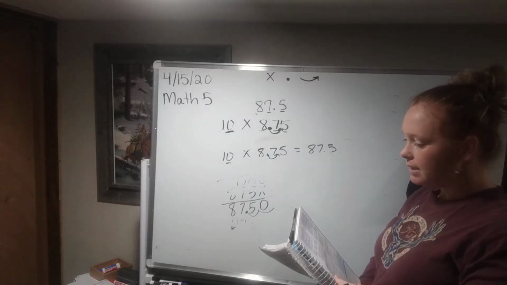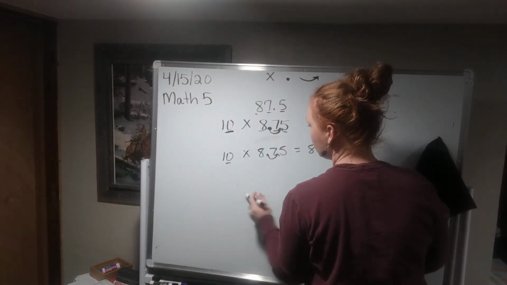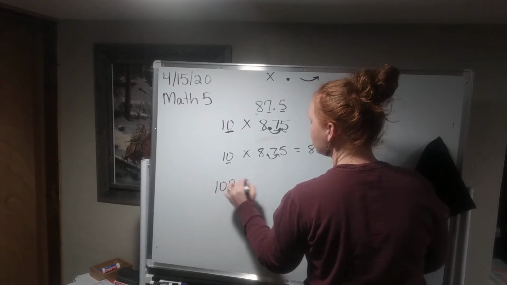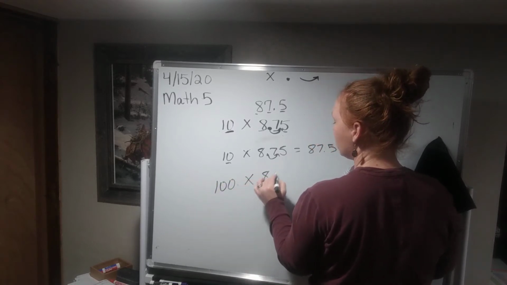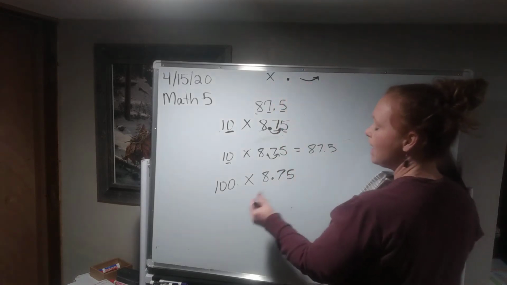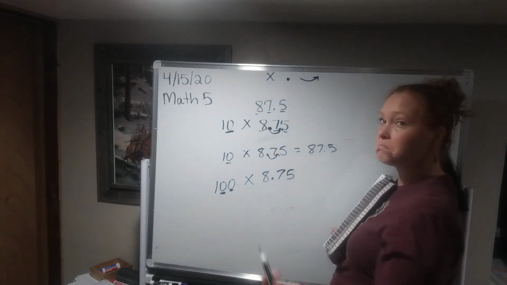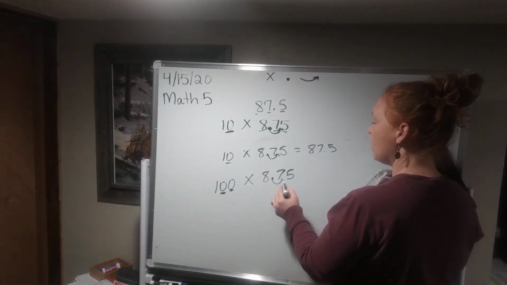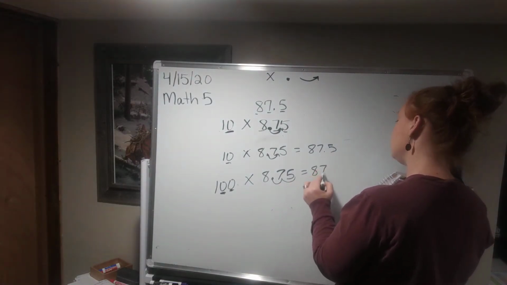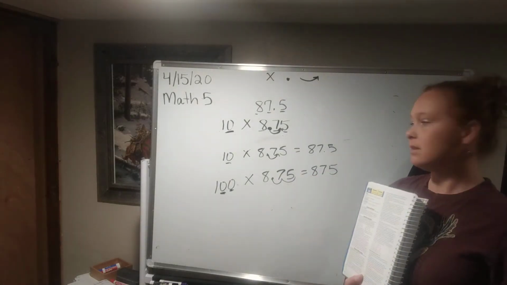Well, let's look if we change this number to 100. What if we say 100 times 8.75? Well, I'm multiplying, so I'm moving my decimal to the right. How many places? 2 zeros, 2 places. 1, 2. This equals 875. I can put 0.0, but I don't need to.